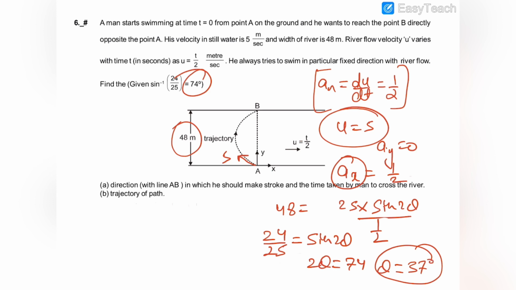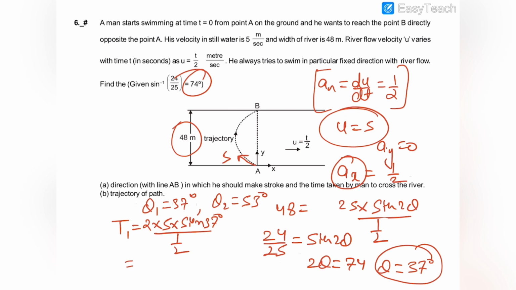Now we know that there are two angles of projection for which the range is the same, so the first angle is 37 and the second angle is 53. Now the time of flight. The time of flight for the first angle would be 2 into u, which is 5, and sine 37 by a, which is half.